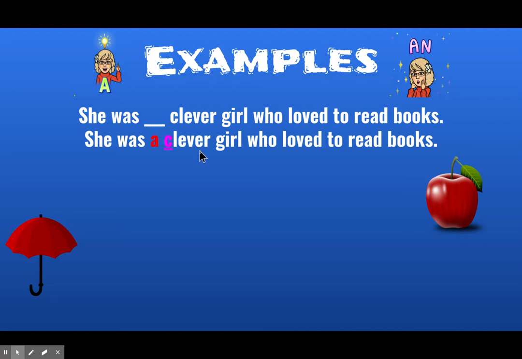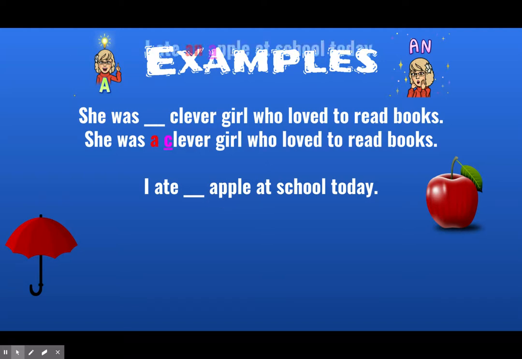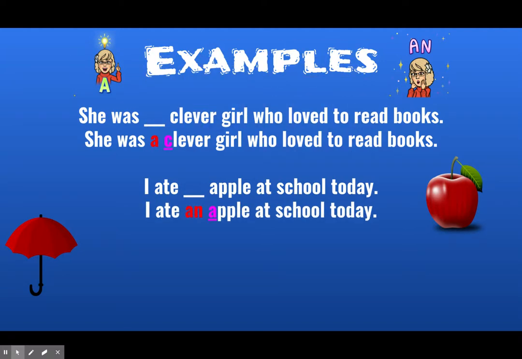She was a clever girl who loved to read books. Next one, I ate blank apple at school today. All right, so I look at this word right here and I hear ah. That means, therefore, I'm going to use the article an. I ate an apple at school today.